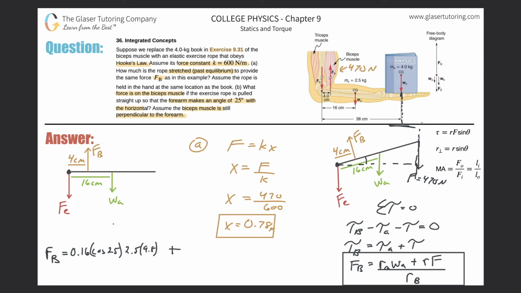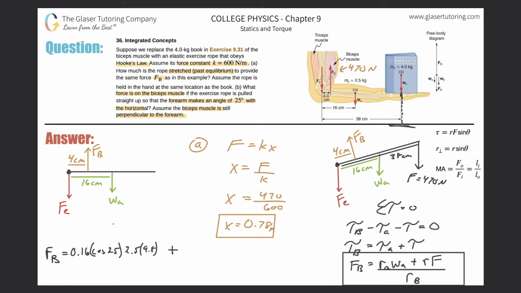Remember, I didn't draw it in my picture, but the length between the elbow joint and where the book was along this forearm was 38 centimeters. So what I will do is just draw that into the picture here and create a little black line underneath. I'll move that up slightly. And that distance there is going to be 38 centimeters.